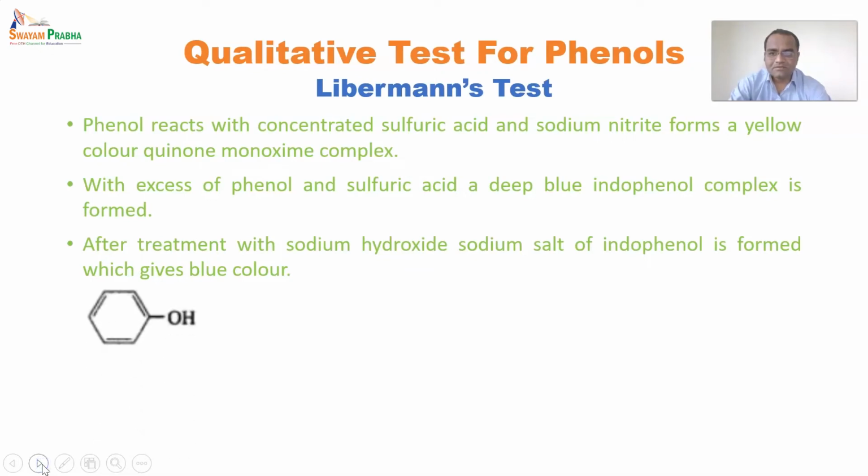So here we will see the structure. Phenol is first reacted with sulfuric acid and sodium nitrite, and forms a yellow colored compound, the quinone monoxide complex, which is an oxime.